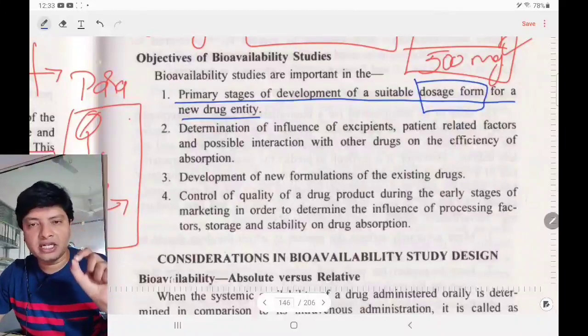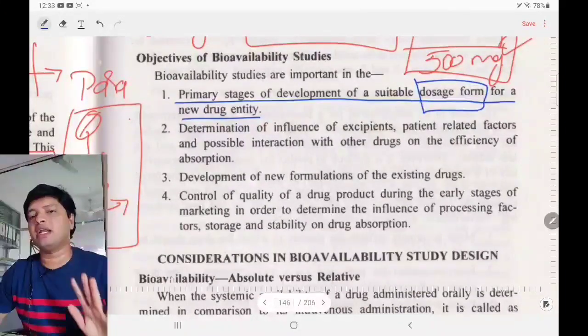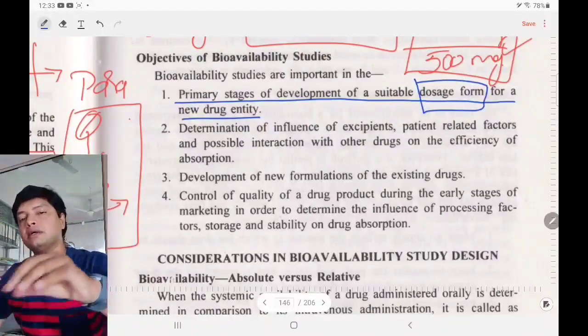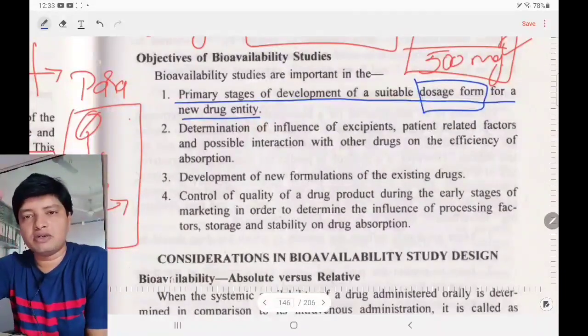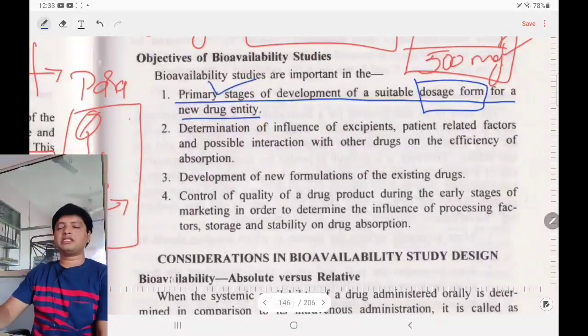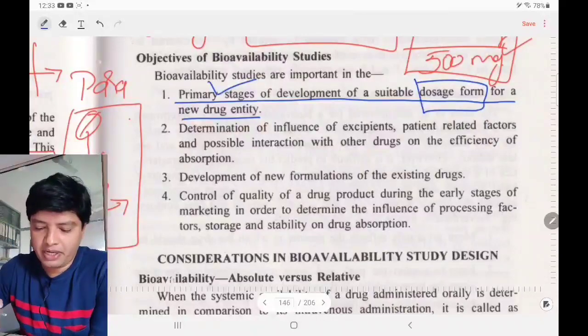Wherever the rate and extent are very good, that dosage form is finalized. If it is good in solid dosage form, solid is the best dosage form for this new drug entity. That is what the first point is saying.